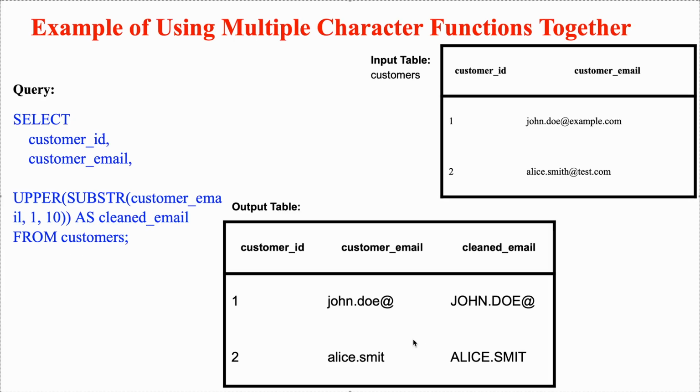As you can see in the output table, we now get a standardized uppercase version of the first part of each email. This is a great example of how you can chain character functions together for more advanced data cleaning or formatting, which is very useful in testing and reporting.